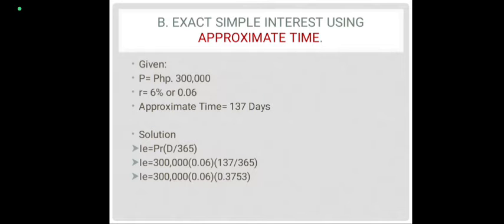So I just get the 4 decimal values. And next we need to multiply this too. So we have the result 0.022518. So after this one, we just need to multiply the 300,000 and 0.022518. So now we have our exact simple interest using approximate time. So this is our answer for the simple interest using approximate time.